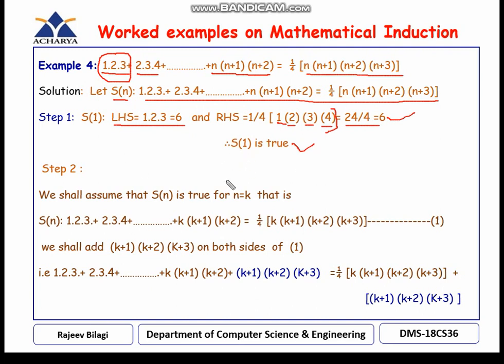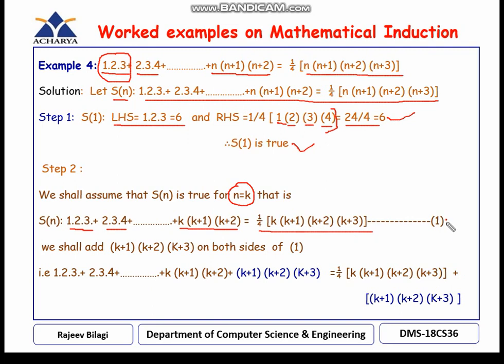So now I'll assume that this is true for n is equal to k, so that I can write 1 dot 2 dot 3 plus 2 dot 3 dot 4 up to k into bracket k plus 1, k plus 2, which is equal to 1 divided by 4 into bracket k, k plus 1, k plus 2, k plus 3.